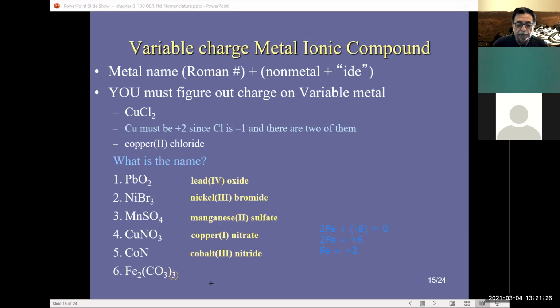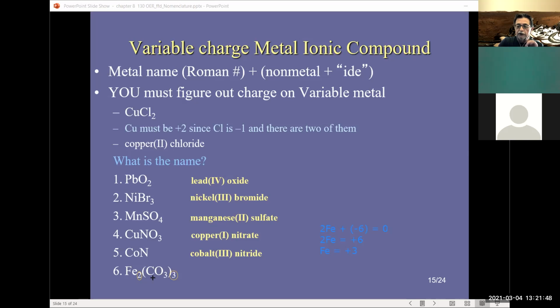Look at that 3 on the carbonate. And then I said the subscript of the cation, which is the 2 on the iron, is the charge of the anion. Didn't we look that up in the table? We found out that carbonate has a -2.